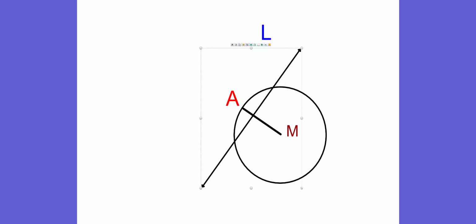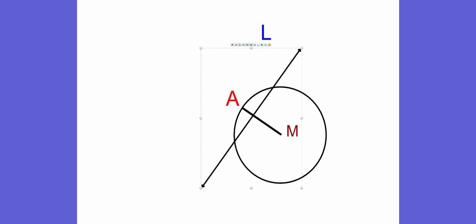The second position will be when this straight line comes inside the circle, or cuts the circle. When a straight line cuts the circle, it cuts the circle at two points, like this point and this point.